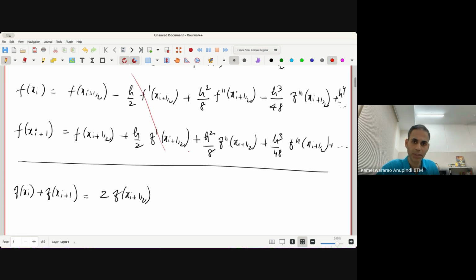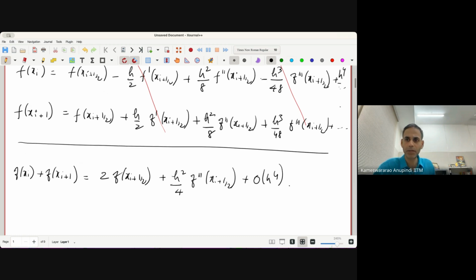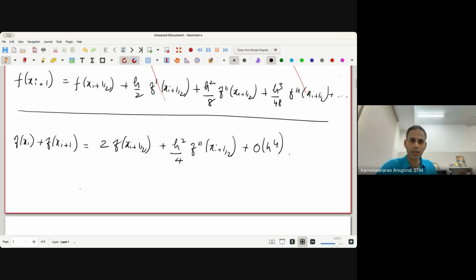So this basically gets cancelled, and then what I have is plus h square by 4, I have 2 halves here, times f double prime xi plus half. Then this term gets cancelled, and then what we end up with is plus order h power 4. Okay, that is the term which will basically be coming here. So this is what I have.